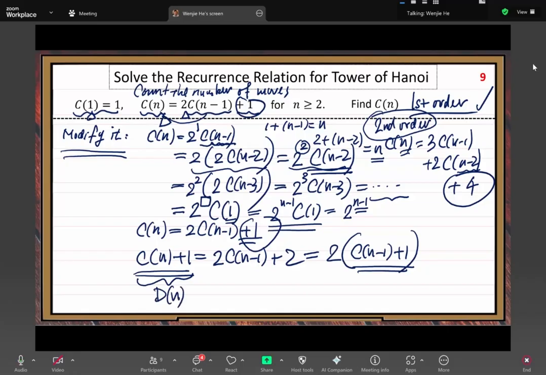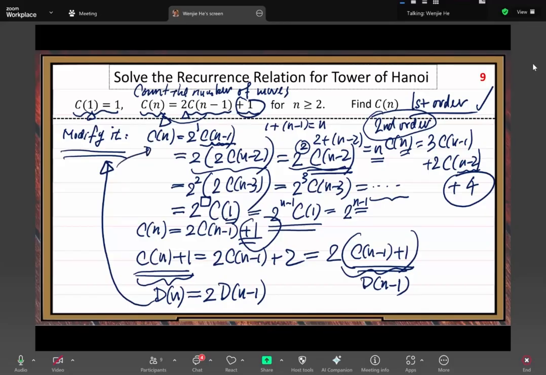D of n equals this C of n plus 1 function, D function. Inside parentheses, can we use our new D function? It should be D of n minus 1, right? So D function, D of n equals 2 times D of n minus 1.